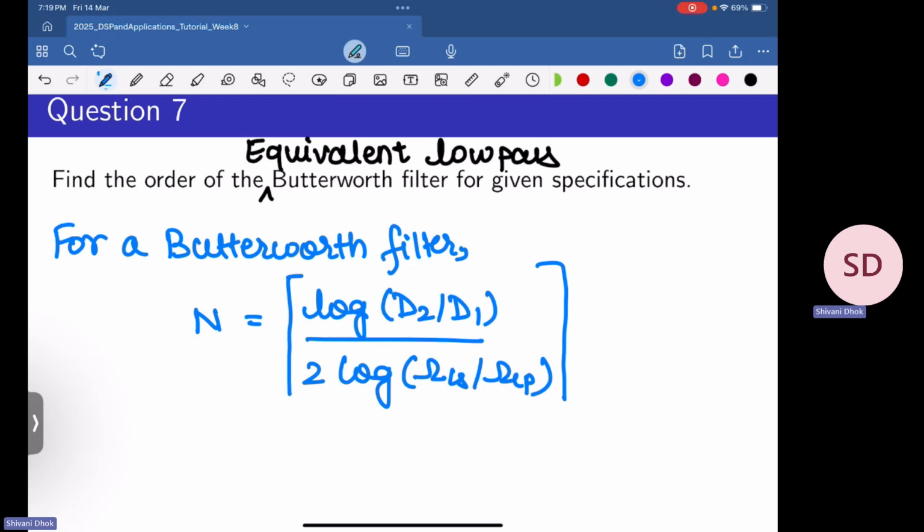Okay, so in this equation, what all things we know? We know omega ls and we know omega lp. We don't know the value of d2 and d1, but this d2 depends on delta 2 and this d1 depends on delta 1.